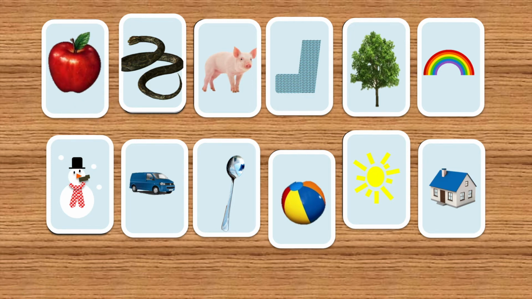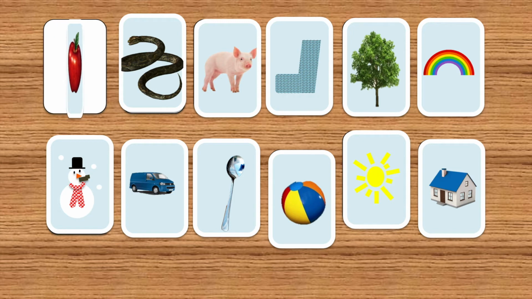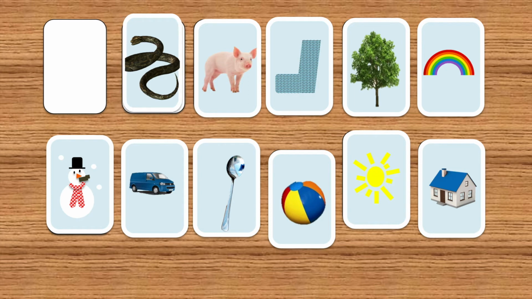Apple. Is there a S sound in apple? What do you think? Is there a S sound? No. What about the next one? Snake. Say the word snake. Is there a S sound in snake? What do you think? Let's have a look.